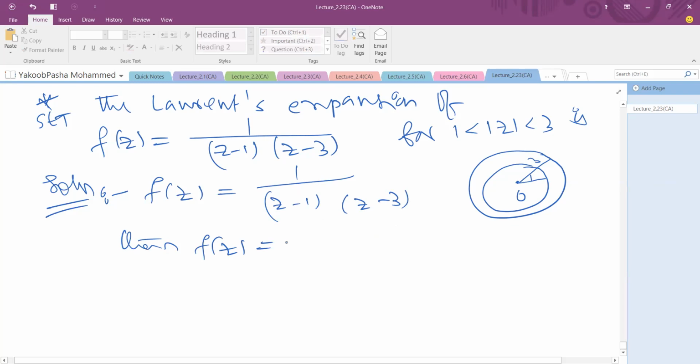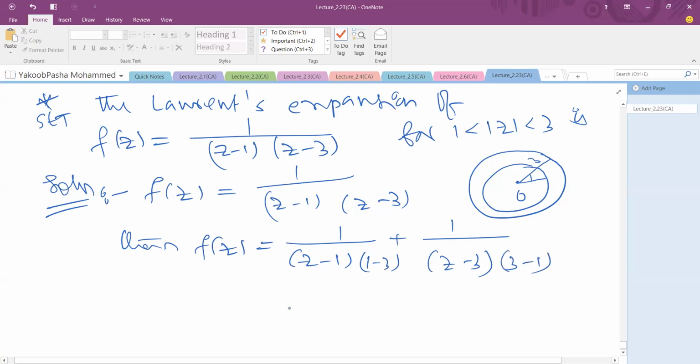First I write the z minus 1 term, and here z minus 3, and put z is equal to 1 here. So 1 minus 3, the numerator is 1, and here the numerator is 1, and substitute z equal to 3 here, that is 3 minus 1. Okay. So here minus 1 by 2 into (z minus 1), here 1 by 2 into (z minus 3).